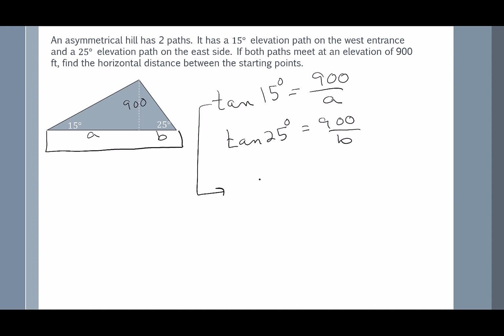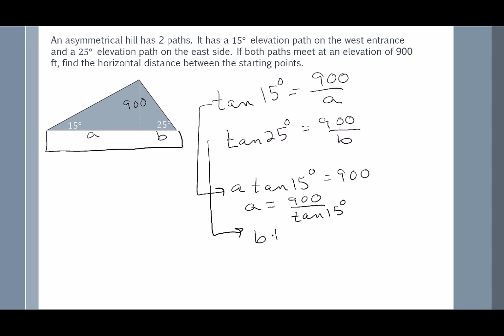In the first equation, let's multiply everything by A. I have A times the tangent of 15 degrees is equal to 900, which says A will be 900 over the tangent of 15 degrees. We can do similar steps to find the value of B. If I multiply everything by B, I have B times the tangent of 25 degrees is equal to 900.